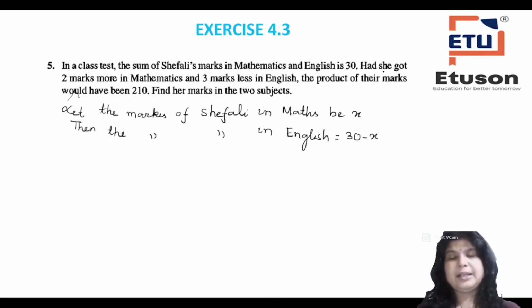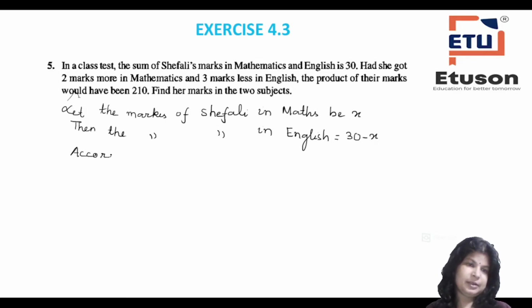Now let us analyze the second statement. Had she got 2 marks more in mathematics, then what will be her marks? It will be x plus 2. If she gets 3 marks less in English, then what will be her marks? That is 30 minus x minus 3. Correct or not? Then the product of their marks is 210. So according to the second statement, I am just writing it down.